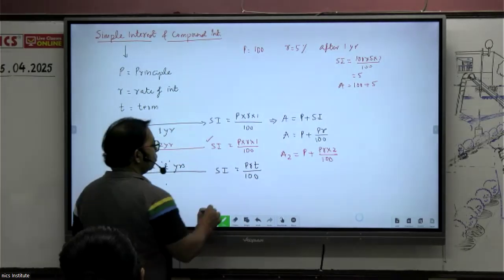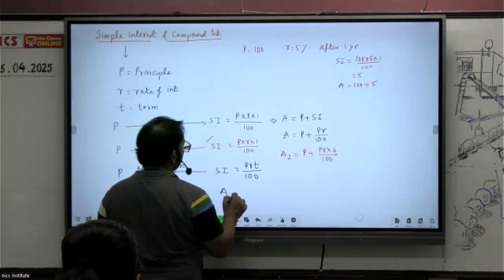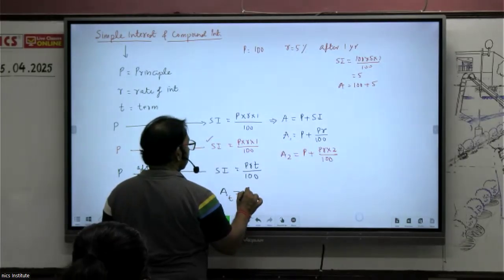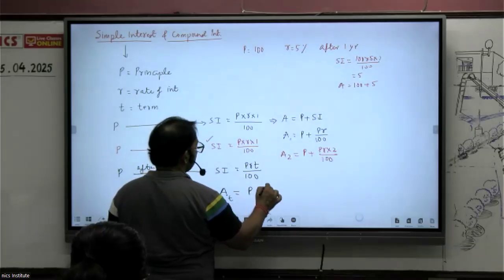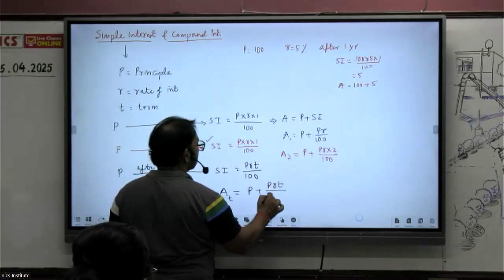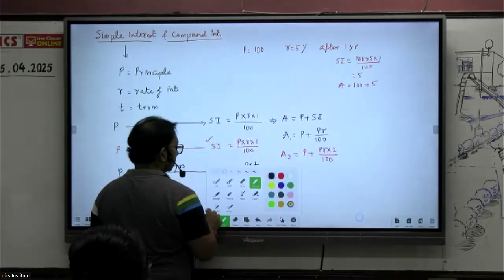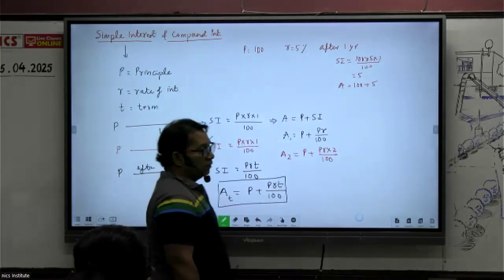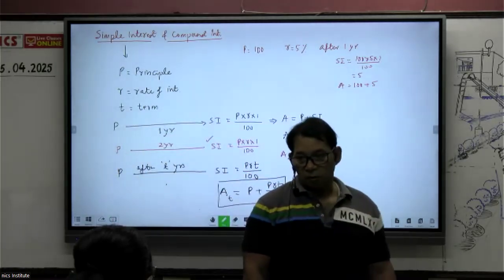And the amount due at the end of T years will be principal plus the interest, which is PRT by 100. So this is the simple interest and the amount.